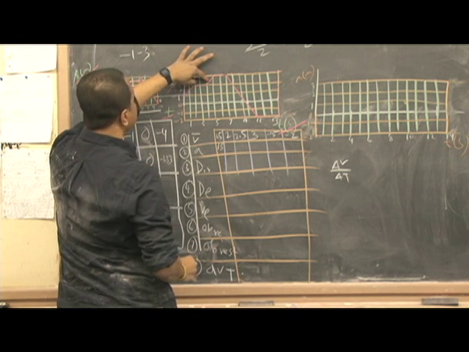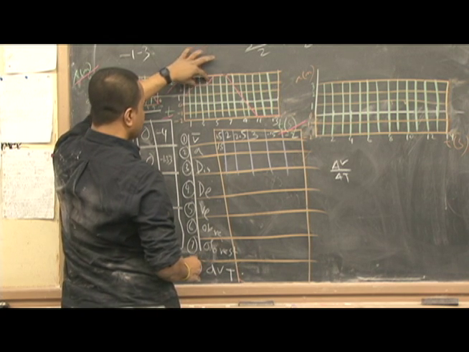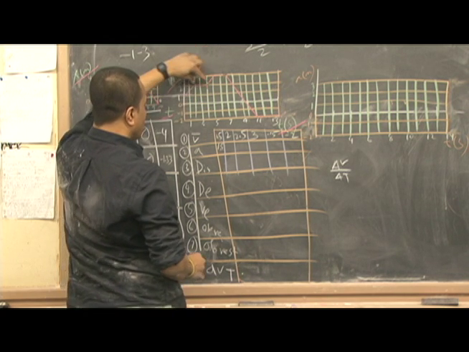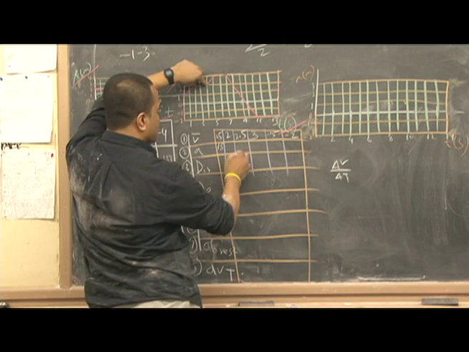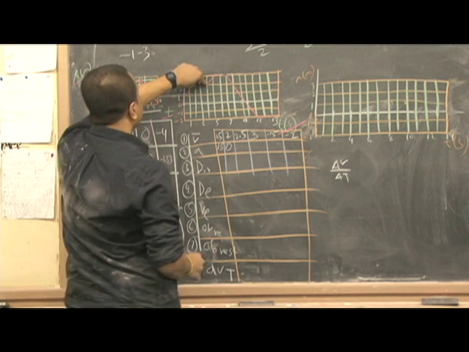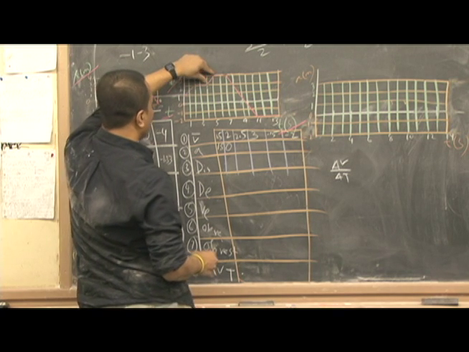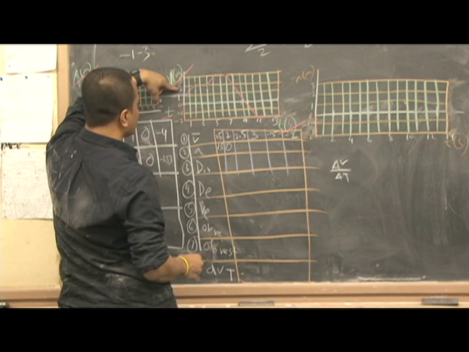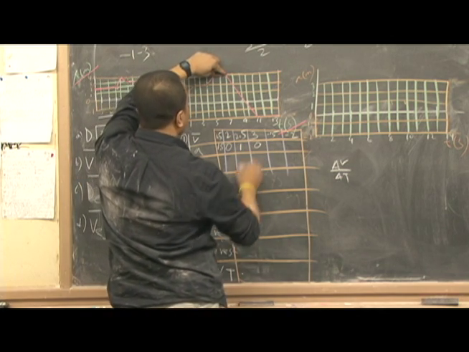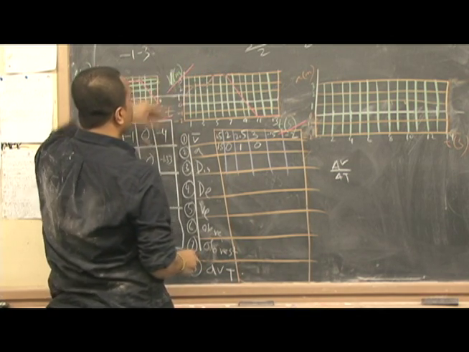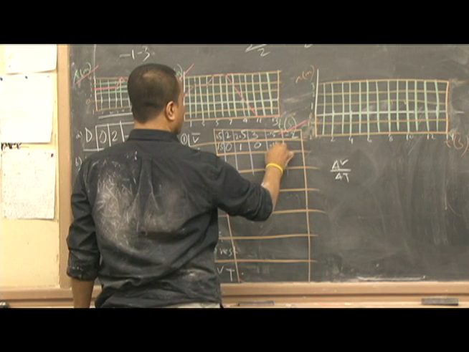This one, acceleration is 0 because the car is not accelerating. See the straight line. When you see a straight line, it is 0. Then the next one is just 1 because 3 minus 2 is 1 divided by 1 is 1. And the next one is 0 again. And then we have minus 1.25.